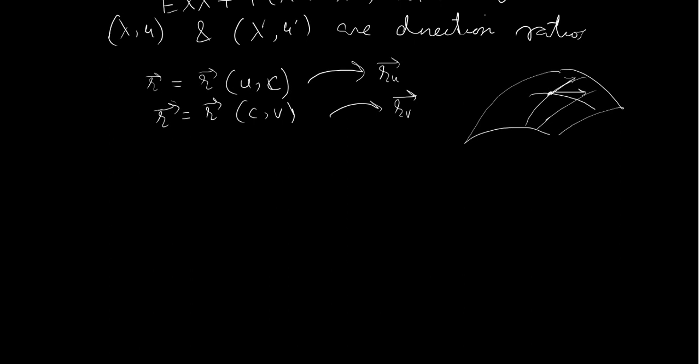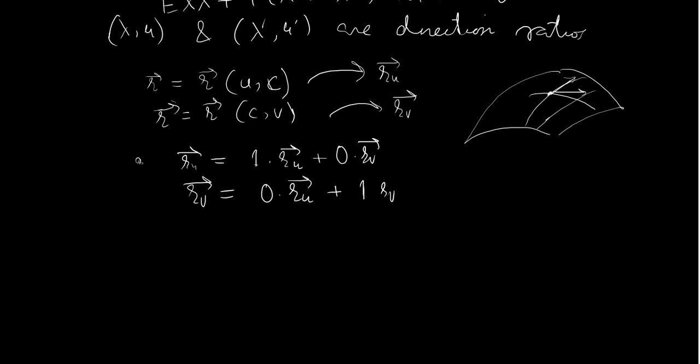Since I am interested in knowing the direction coefficients, I have to write them as a linear combination of vectors, the basis of the tangent plane. Trivially we can write r sub u is equal to 1 into r sub u plus 0 into r sub v, and the other parametric direction can be written as 0 into r sub u plus 1 into r sub v.